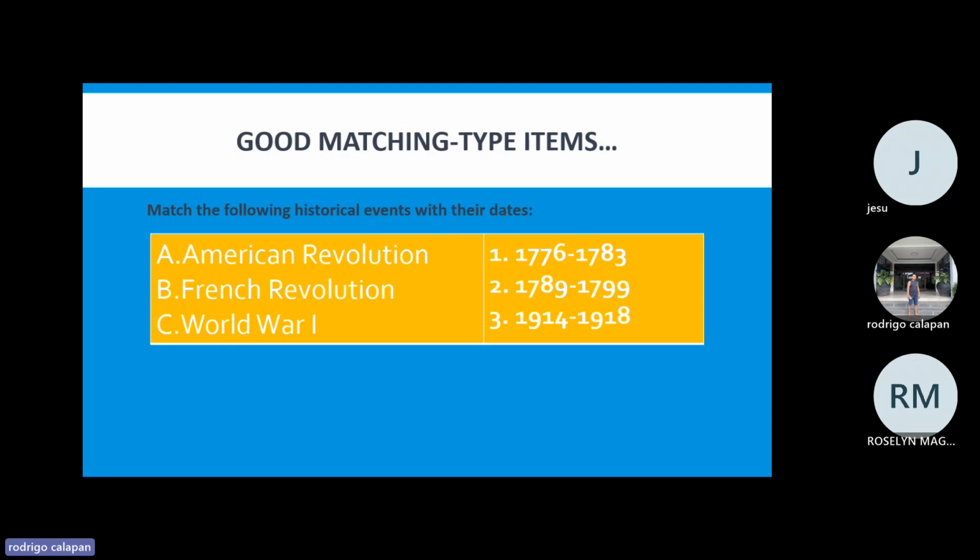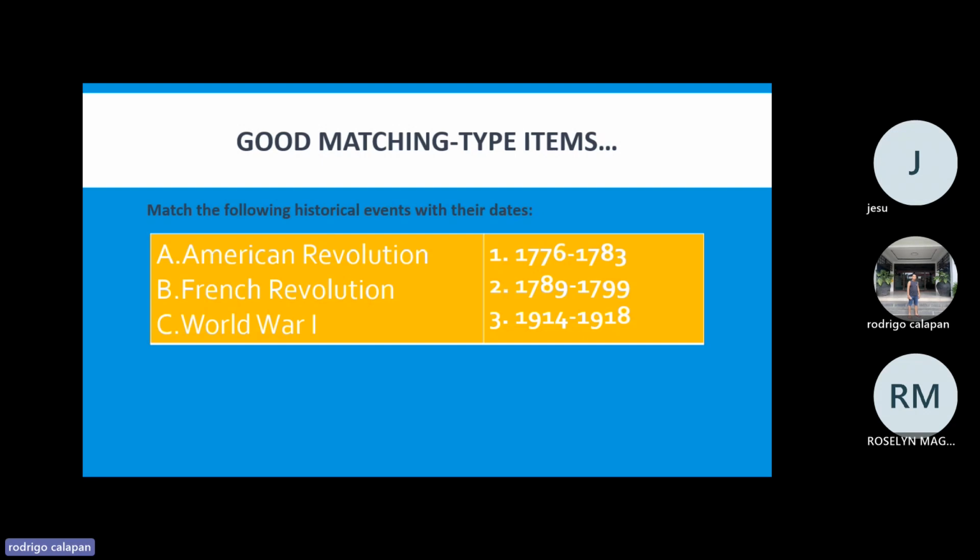Another example, these matching items, the instruction: match the following historical events with their dates. This matching item assesses students' knowledge regarding historical events and their respective time periods.